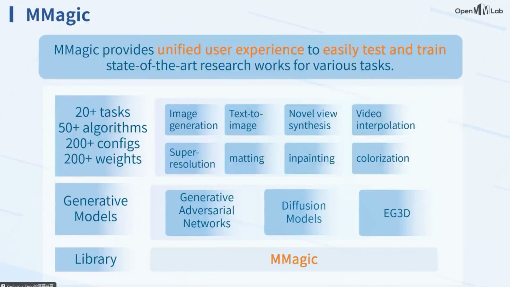I think MMagic provides a unified user experience to easily test and train state-of-the-art research works for various tasks. So, if you are starting on low-level tasks or generative tasks, especially diffusion-based tasks, or combining them together, don't hesitate to start with MMagic.